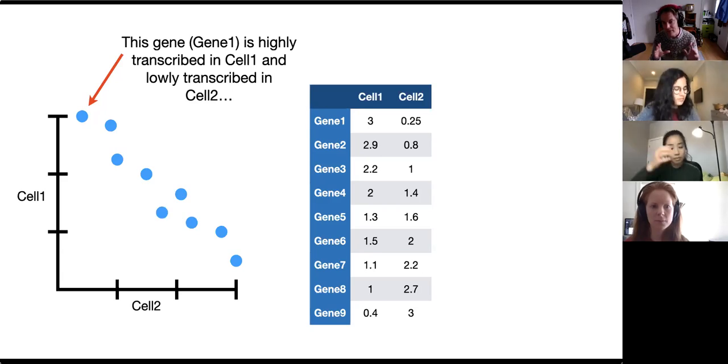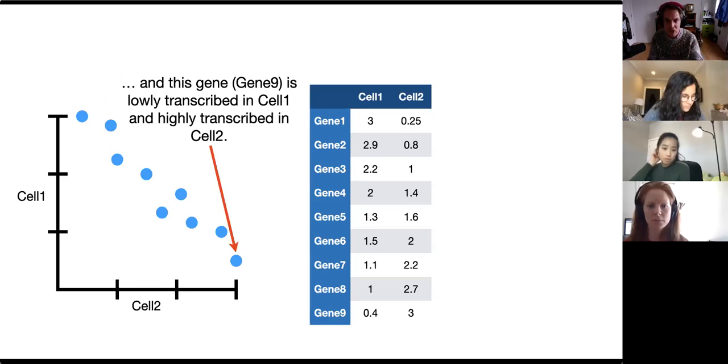Notice this graph is different than what we had before, where the genes were the axes. Now we're plotting all the genes on axes that are for the cells. So that's one difference in perspective when we're talking about correlations and doing PCA versus SVD, or singular value decomposition. That's the primary difference. And this gene, gene 9, is lowly transcribed in cell 1 and highly transcribed in cell 2.